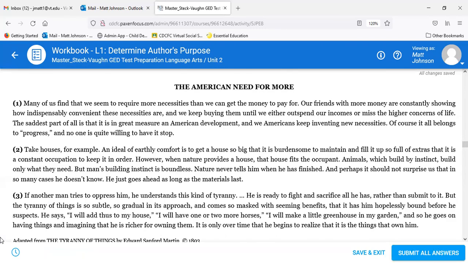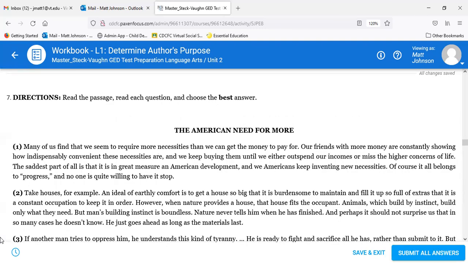So Sasha Gay, how about reading paragraph 1 and 2 for us? The American need for more. Many of us find that we seem to require more necessities than we can get the money to pay for.